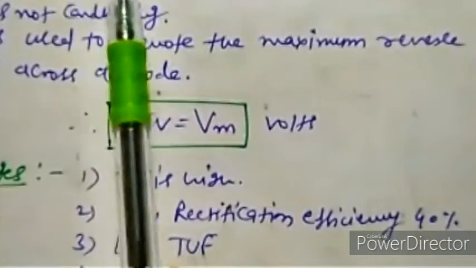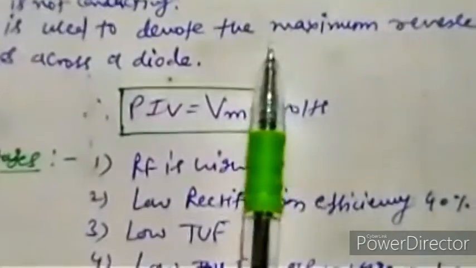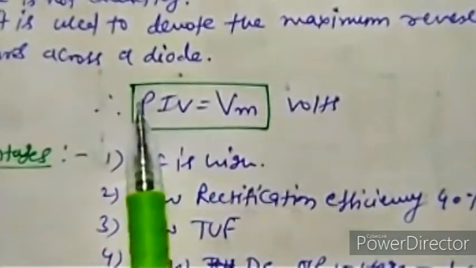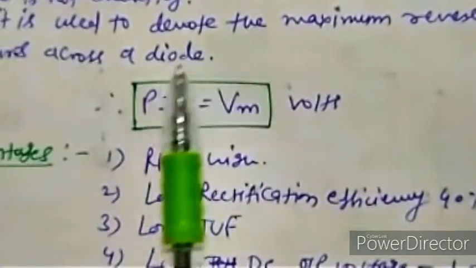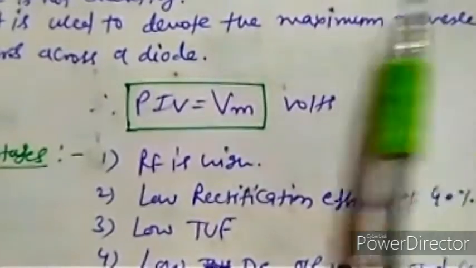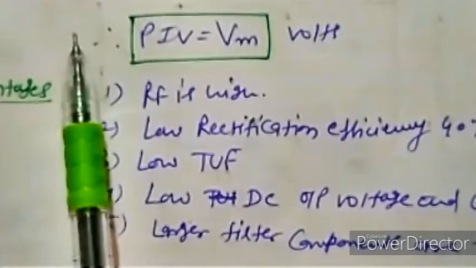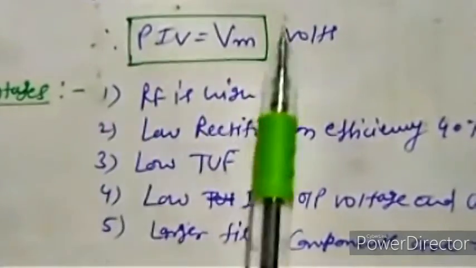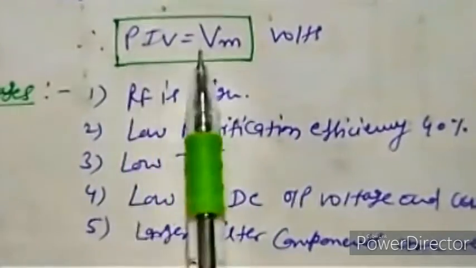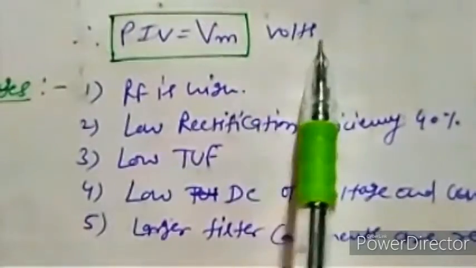The maximum voltage is Vm, so the negative voltage across the diode when it is not conducting is minus Vm. So the maximum reverse voltage across a diode, PIV, is equal to Vm volts.